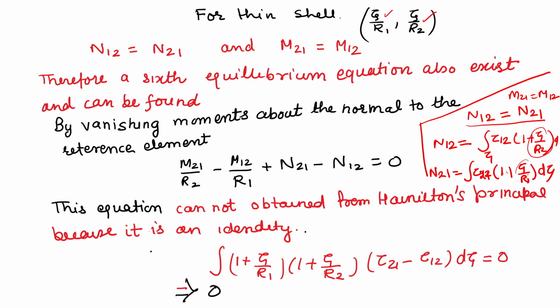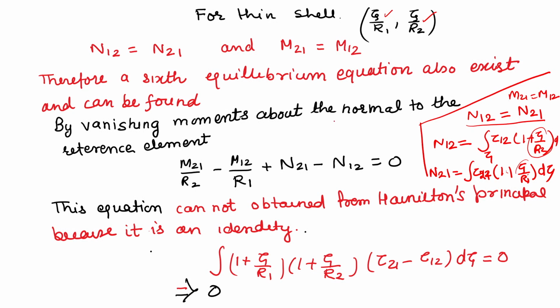If we are talking about a thick or moderately thick shell, this concept is not required, as the previous differential equations are valid. But if you want to analyze a very thin shell, then we need correction terms, because we do not get this equation. So we say that by vanishing moment about the normal to the reference element, this is going to be 0.